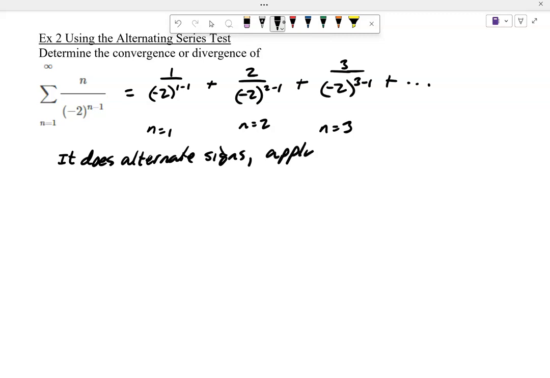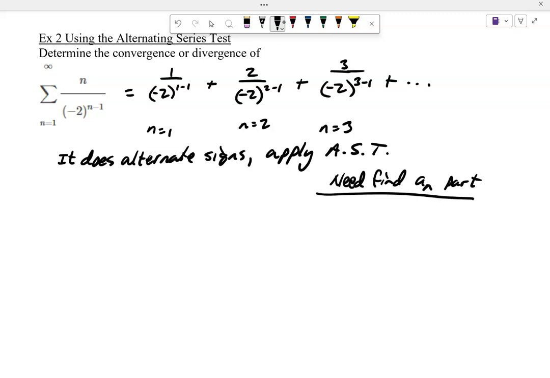So let's apply the alternating series test. Well, the hard part on this one is we need to find the part that's not alternating. What's the a sub n part?